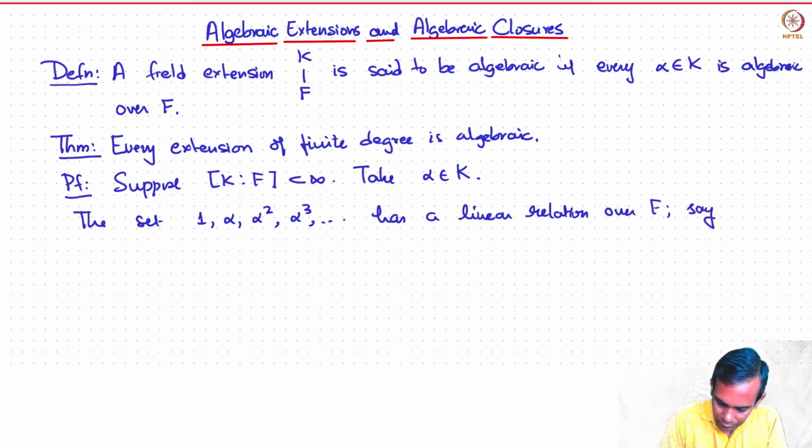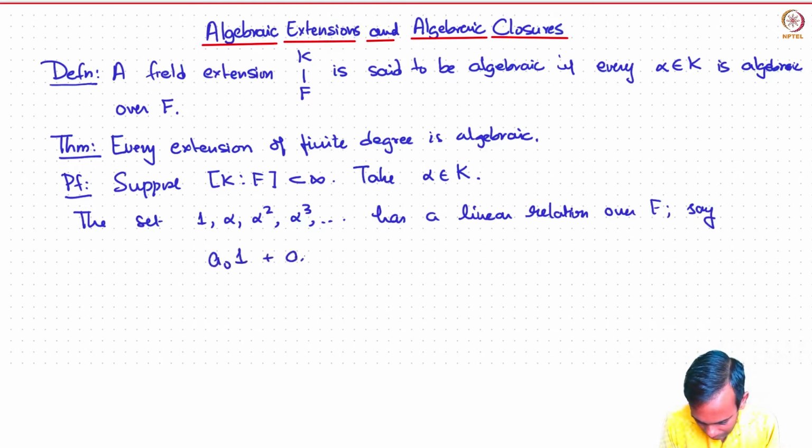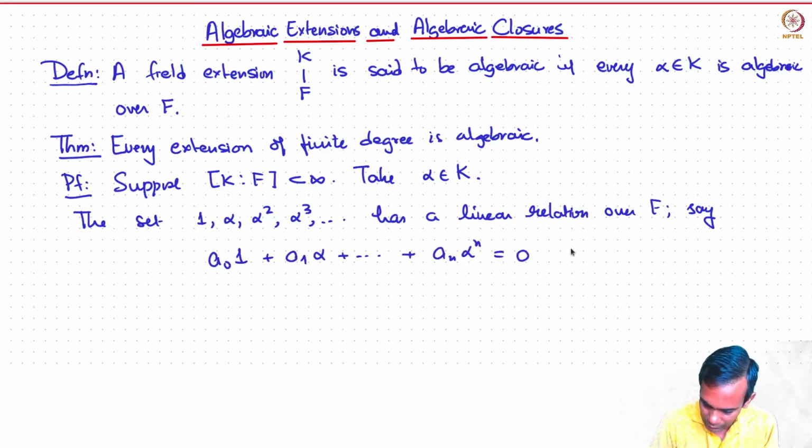Say the first n of these would have a linear relation, because every linear relation has to be finite. So a0 times 1 plus a1 times alpha plus ... plus an times alpha raised to n equals 0 for some positive n.